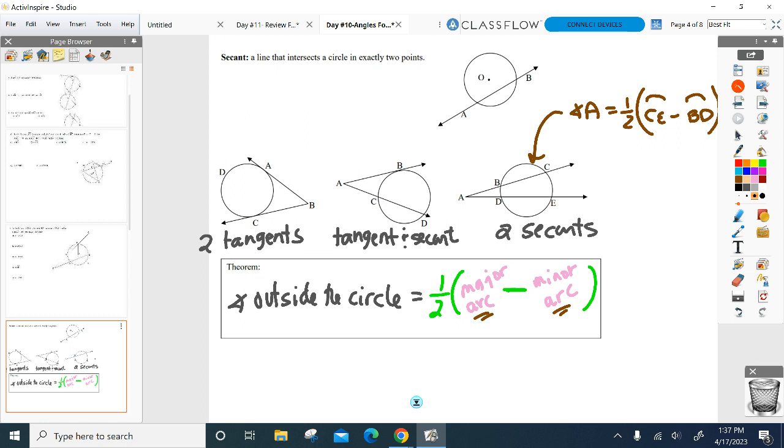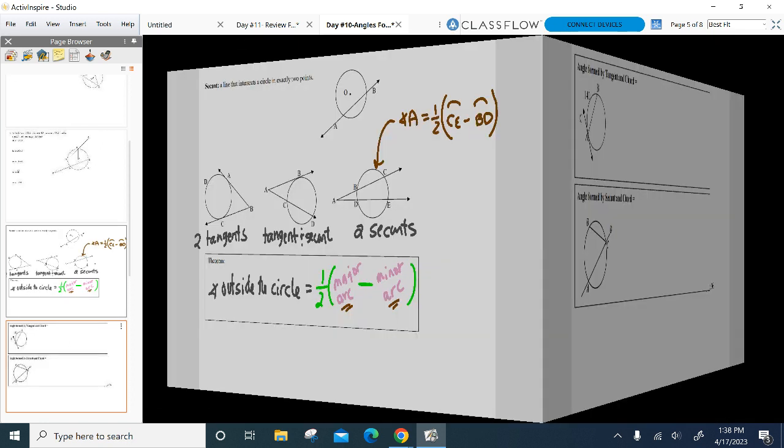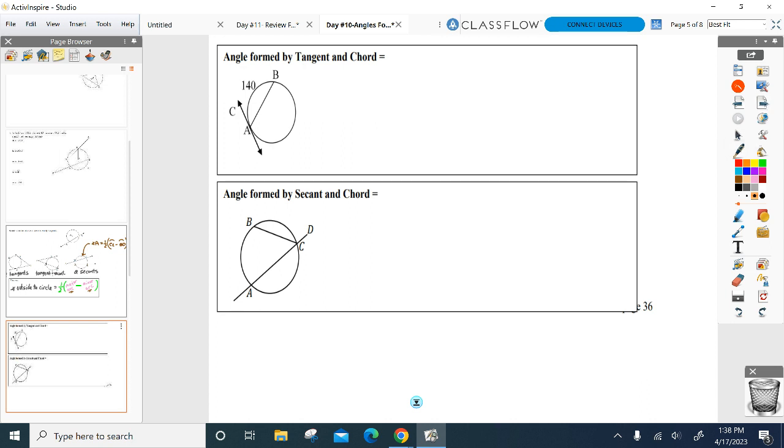Well, there are two special types of angles we haven't talked about yet. We got inside and we had outside. What the heck is left, right? Here you go with the special type. So what happens if it's not inside?